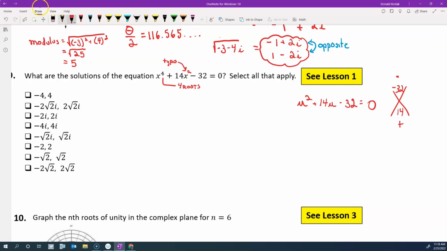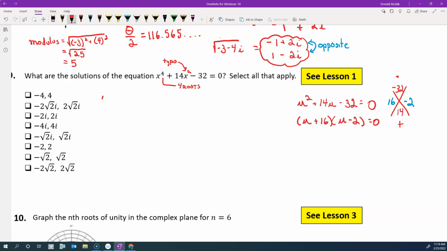Well, that would be 16 and negative 2. So this thing would factor into (u plus 16)(u minus 2) equals 0, and I know how to deal with that, okay? So we can use that to solve this.